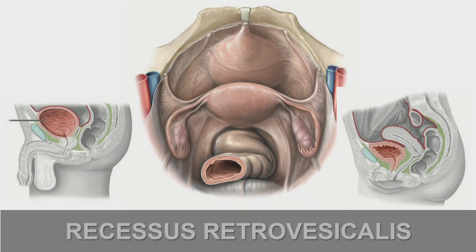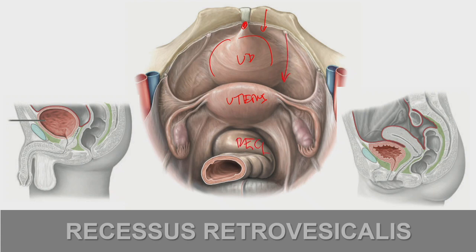Peritoneal coverage of the urinary bladder follows from the abdominal wall. Here is the ligamentum umbilicale medianum, the remnant of urachus. This is the urinary bladder. Here we have uterus. And here is the rectum.